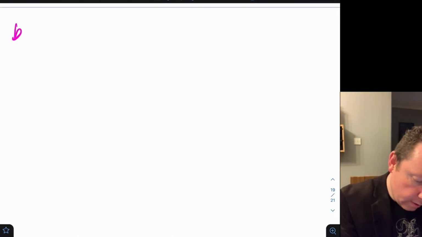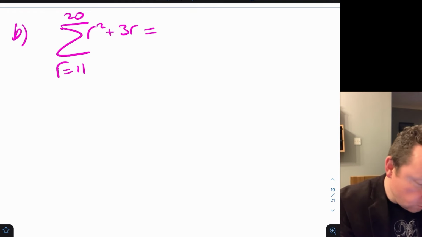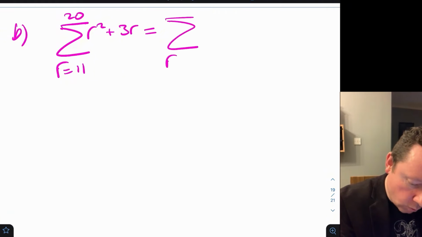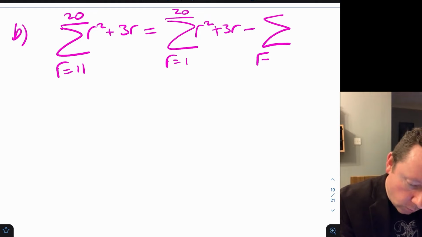So part B, the sum of r equals 11 to 20 of r squared plus 3r is equal to the sum of r equals 1 to 20 of r squared plus 3r minus the sum of r equals 1 to 10 of r squared plus 3r.